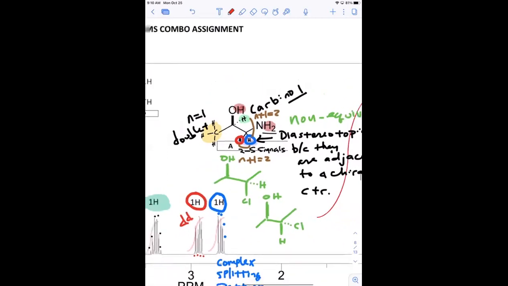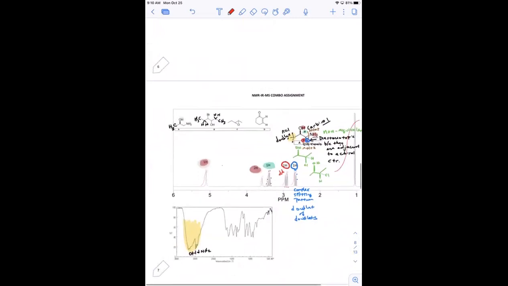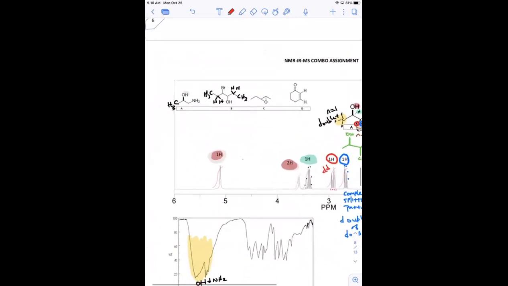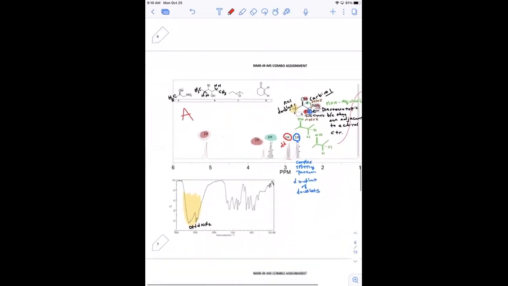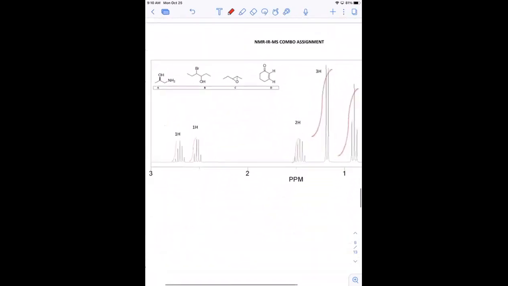All right, so we know now that this is the spectrum for A. So let's go to the next spectrum and see if we can solve that one. All right, how many signals do we have here?